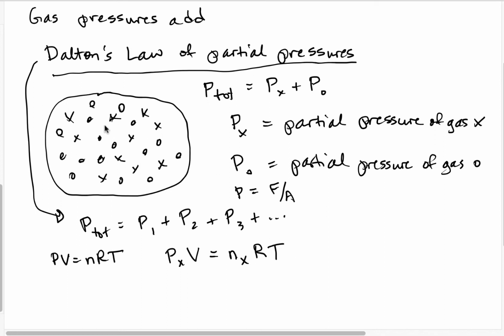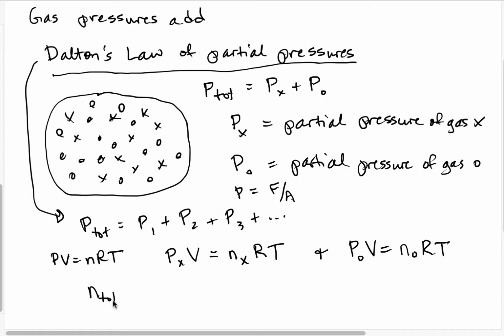It has whatever temperature is in my system. And my other gas has the same kind of deal. The things that are different about it are the moles and the pressure. So the moles and the pressure correlate with each other.